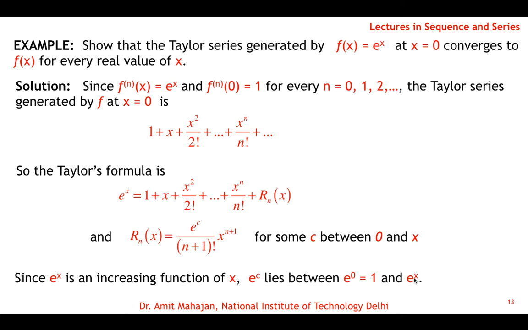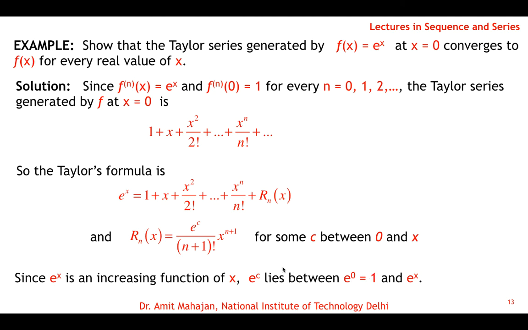Now if x is a positive quantity, then 1 will be less than e to the power c, which will be less than e to the power x. And if x is negative or 0, then e to the power x will be less than e to the power c, and that will be less than e to the power 0, that means 1. Because x is negative means c will be between x and 0, so c will be negative, so e to the power x will be less than e to the power c, which will be less than 1.